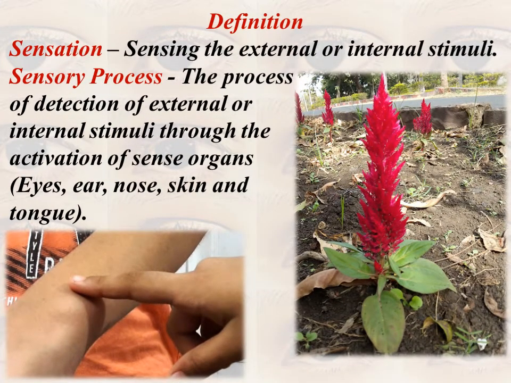What is sensation? Simple. Sensing the external or internal stimuli through your senses. Suppose there is some visual stimulus. Someone is moving, or you want to see something, there is something in front of you. The mere sense that something is there.